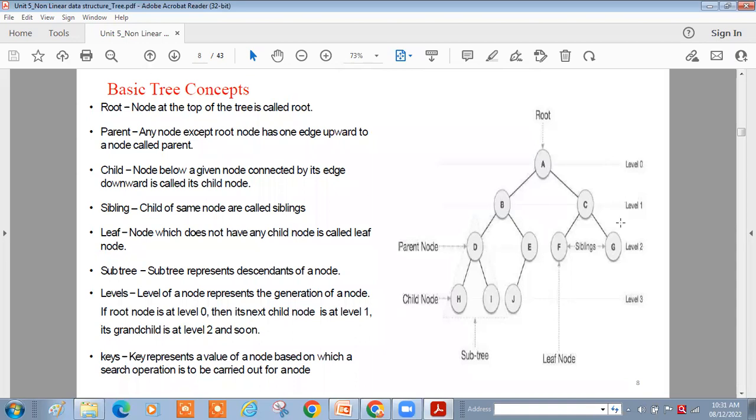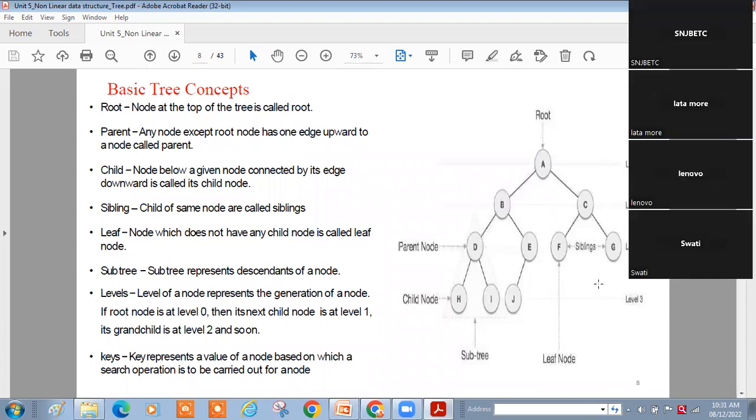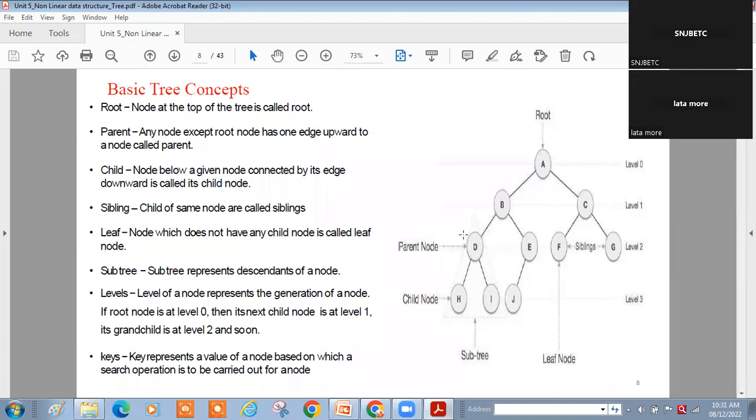Now, in this diagram, you can see A is the root node. On the left-hand side, it has child B. On the right-hand side, it has child C. But again, this C is the parent of the remaining two. So this separately forms a tree. Here this B also forms a tree. D also forms a tree. So all these are nothing but subtrees.